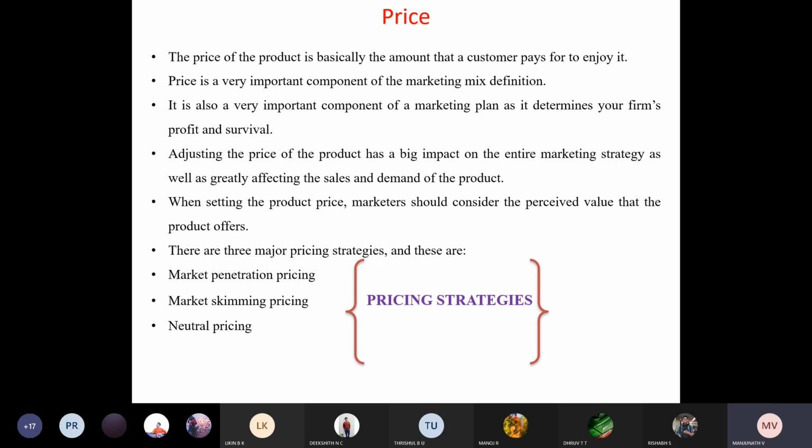If you set a very low price in the beginning, you cannot do that. Probably college fees may not be an example for penetrate pricing. Even skimming is not there. Probably it is what is called neutral pricing, I can say. Penetrate pricing will not be applied for college fees.